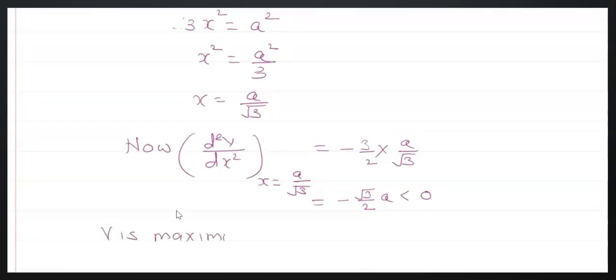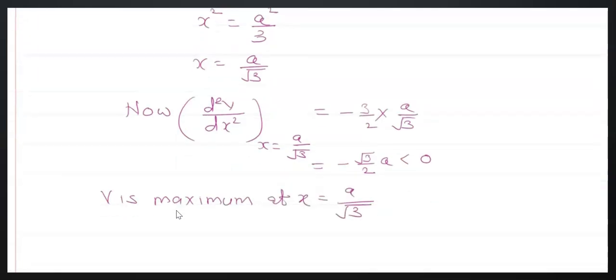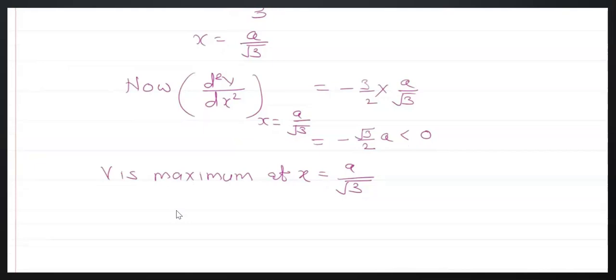And that's why the volume V is a maximum at x equal to a upon root 3.